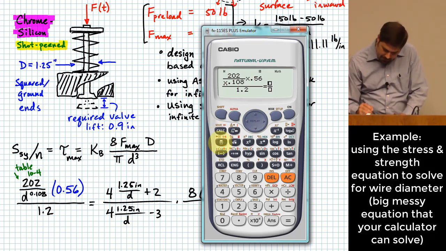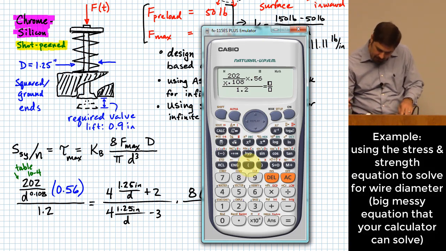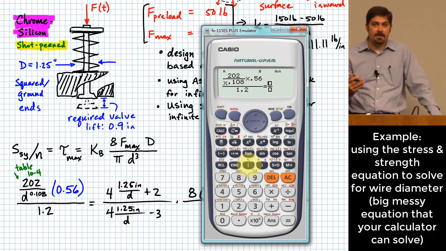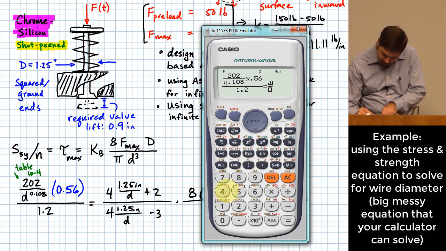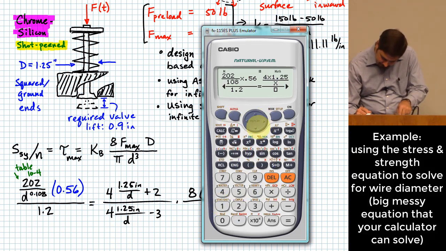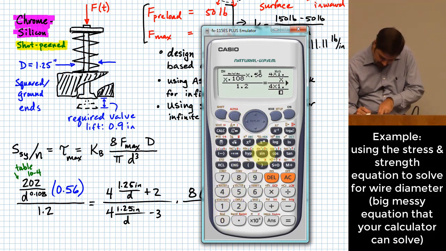all right, over here, let me do this as one big fraction. Actually, I don't suppose I have to do that. I'm going to try it with two fractions. One of the tricky parts about this is when you have to enter this whole big thing, sometimes you run out of characters in your calculator. So try to be as compact as possible. So 4 times 1.25 over x. Okay, and down here I'll do 4 times 1.25 over x.